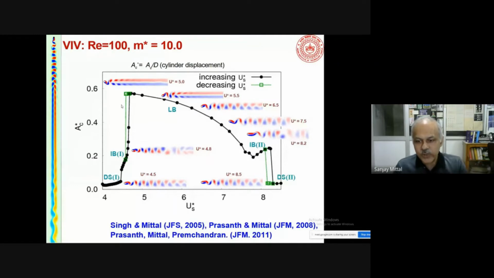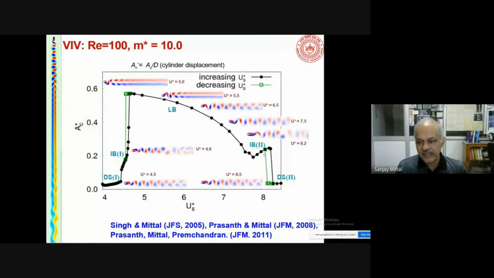So the flow structure is already a little bit different. It is still the 2S mode of shedding: 2 single vortices are released during every cycle of shedding, but the frequency is different, and that leads to some differences in the wake structures. Then the amplitude decreases, and this is called the lower branch. And amazingly, before it goes to the desynchronization, the amplitude again starts increasing.